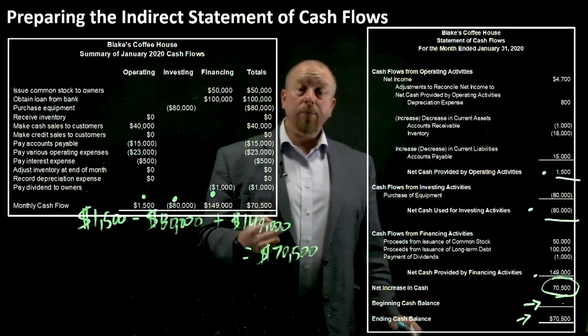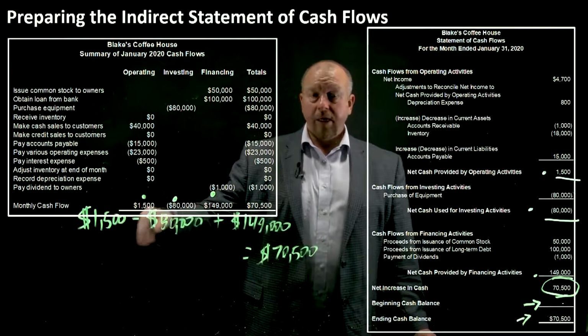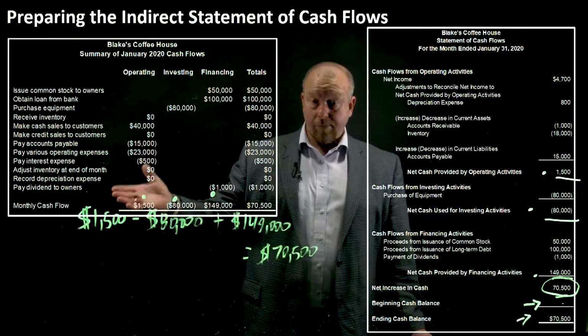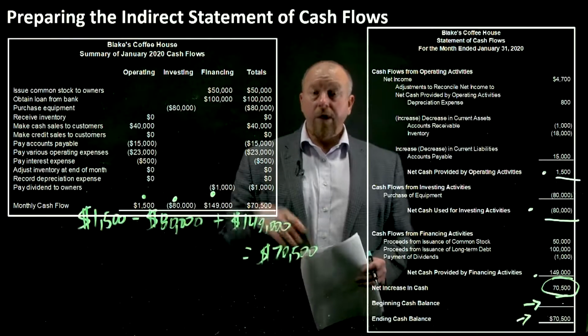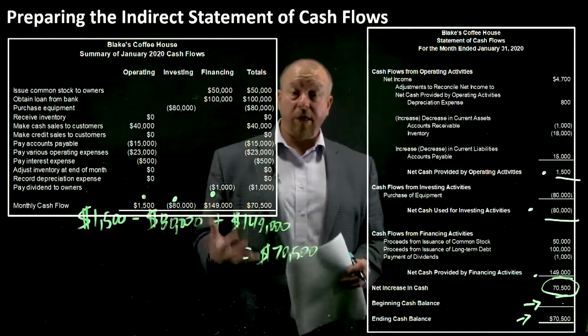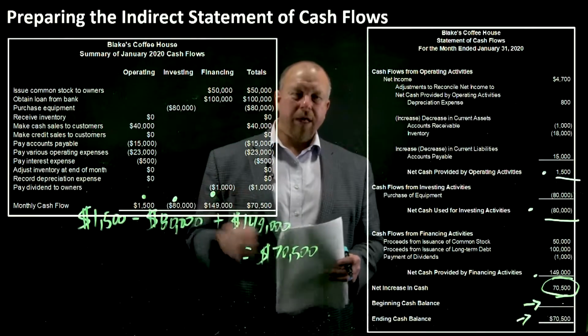Because it's impractical to take every single transaction for a company for an entire year, for example, and classify it as operating, investing, and financing, unless we have systems in place to do that, which companies may or may not, the reality is this.